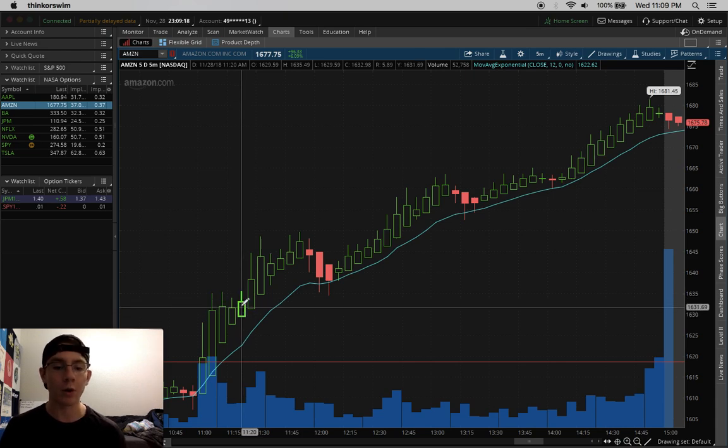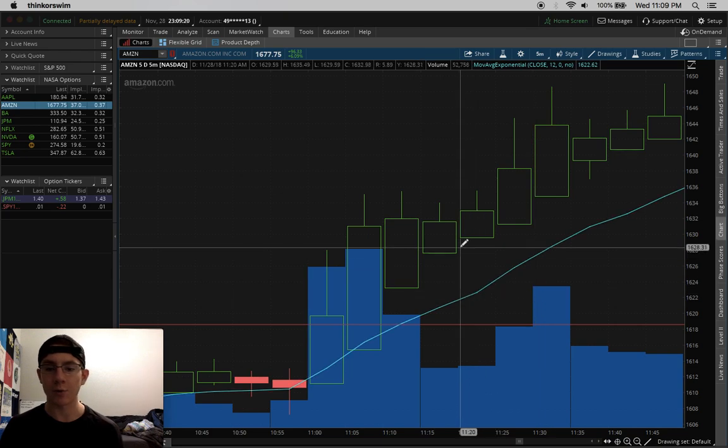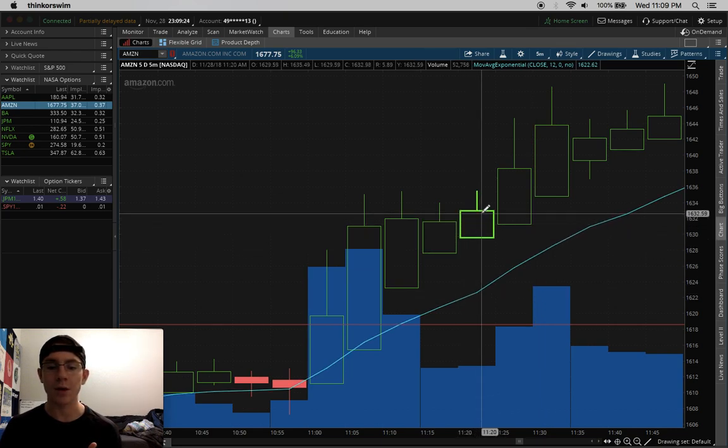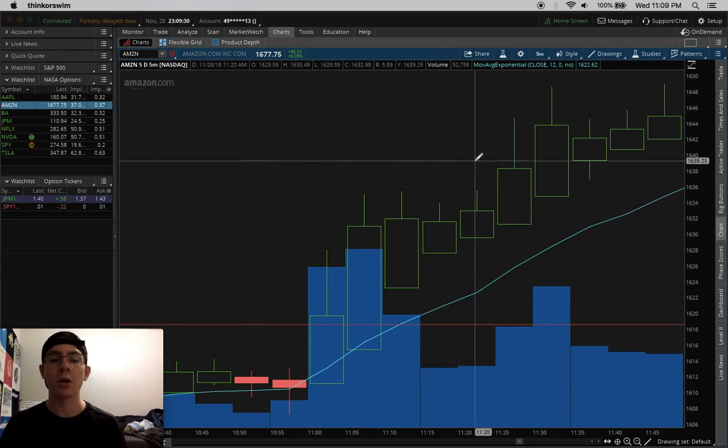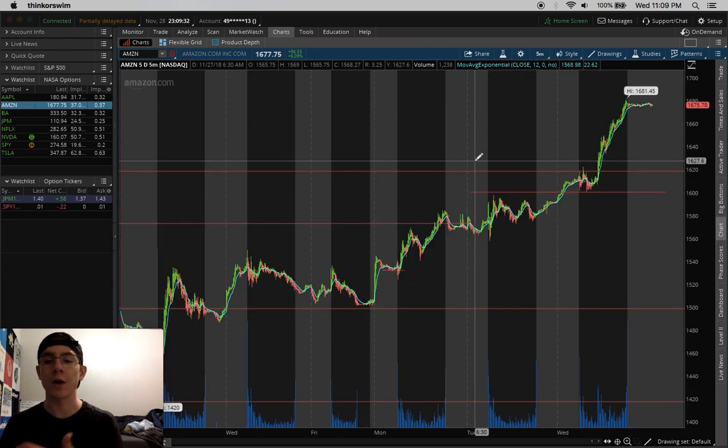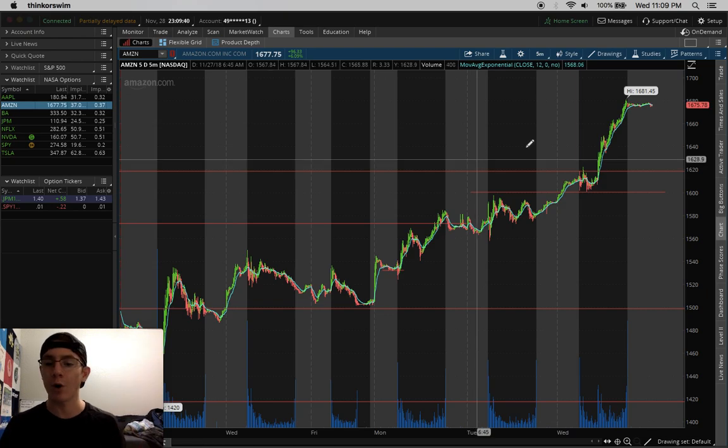So the open and the close of the previous candle is right here, so the bottom of the next candle is right here. It's basically showing, in progression to the previous candles, are we still continuing the same trend? So Heikin Ashi is used for trend following. Therefore, it does not work on consolidation days, and it works best on a longer time frame to see the overall trend of the market.